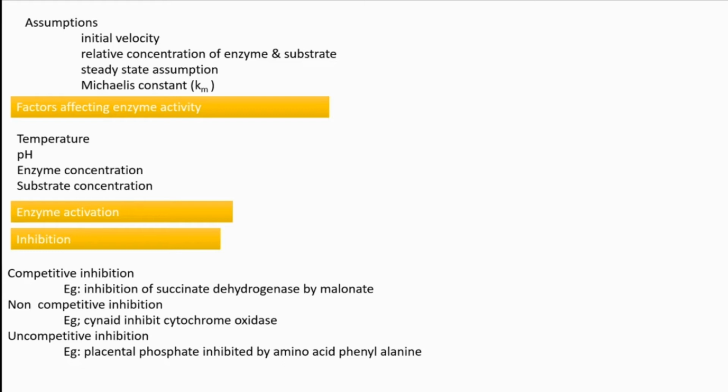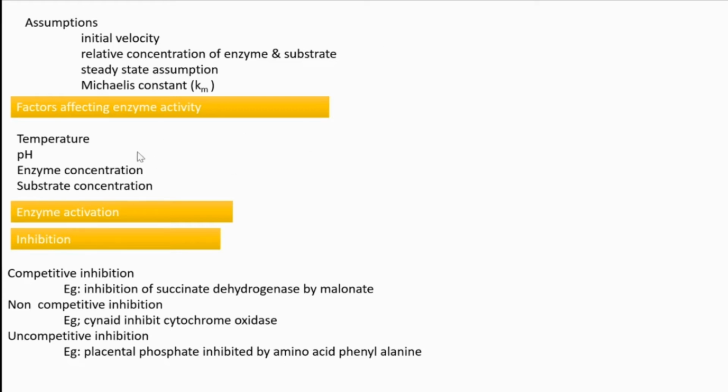That ratio is called temperature coefficient. Most enzymes' optimum temperature is 37 degrees Celsius except some hot spring bacteria. They can survive and can act till 100 degree Celsius.